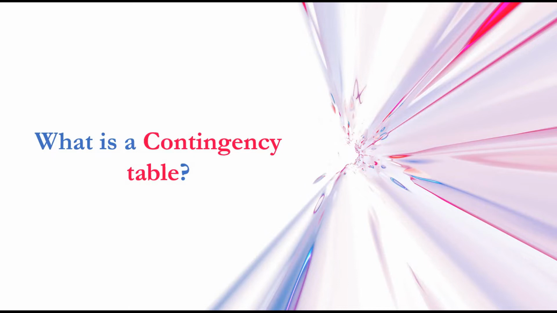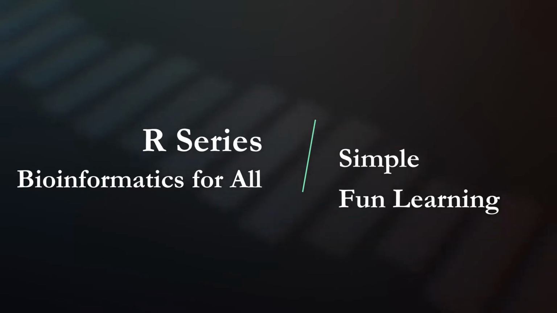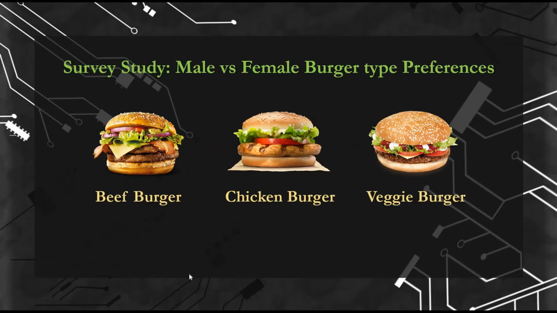So let's start with what a contingency table is. A contingency table is a table with at least 2 rows and 2 columns, and it's used to present categorical data in terms of frequency counts. Imagine we have a survey study and we want to study the burger type preference between male and female.